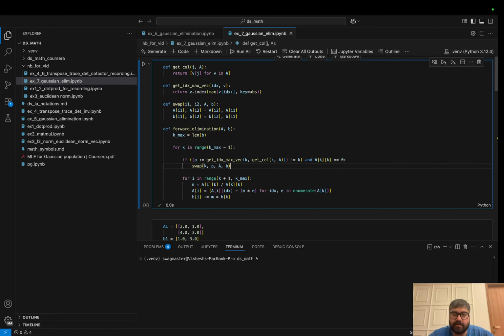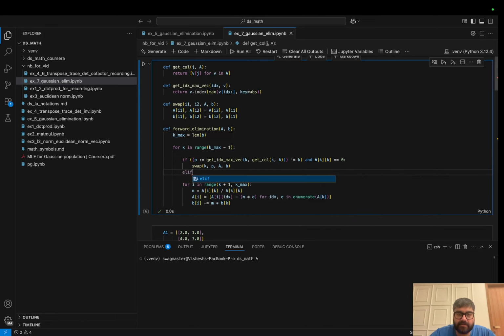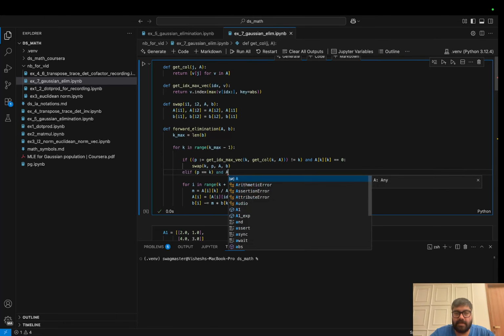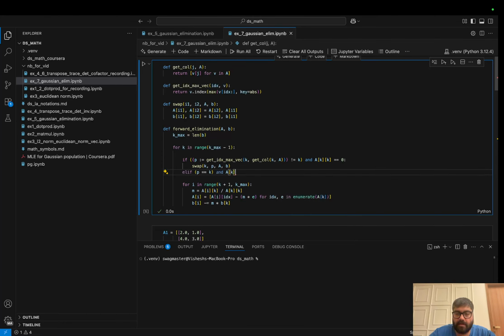But let's make sure we add an elif to this as well. Elif p equals k, the opposite of this first condition, and a k, and this is not the most efficient way to write this if else, also equals 0.